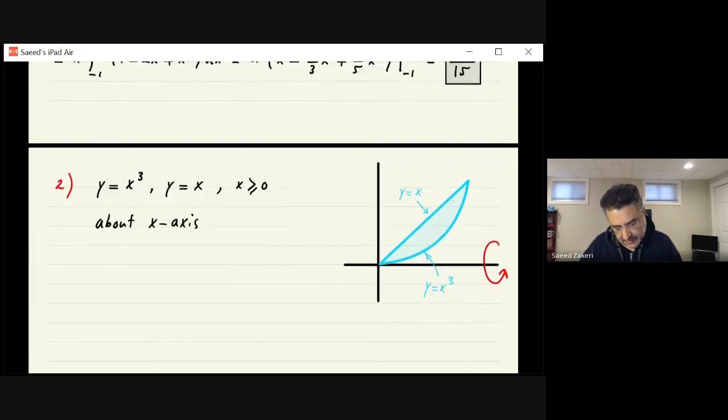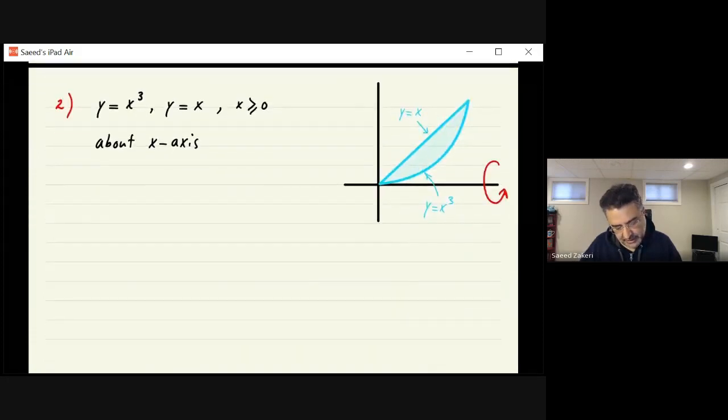Let's take a look at another example. Now, the region that I have is bounded by y equals x cubed, which is this curve, part of this curve. The whole graph of x cubed looks something like this. And then the second one is x. So that's the straight line.